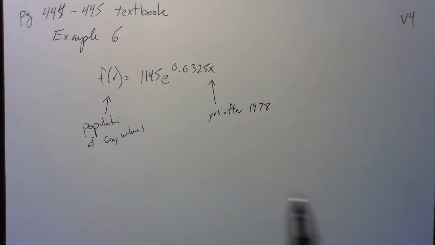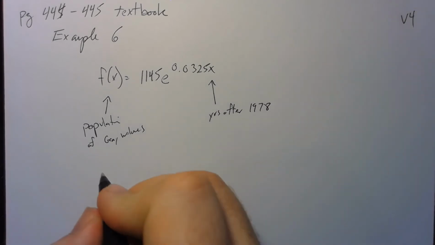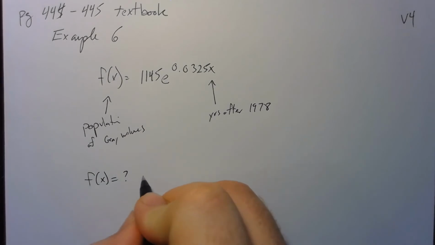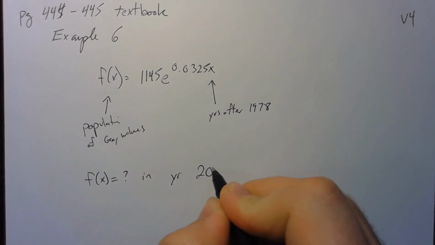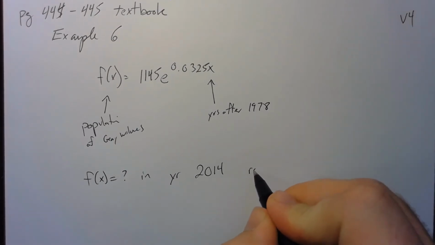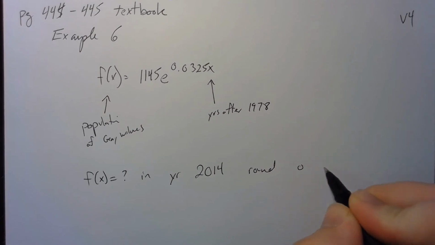According to the model, what was the gray wolf population of the Western Great Lakes in 2014? So I need the population, I need f of x equals question mark, in the year 2014. The additional piece is rounded to the nearest whole number, so I need to make sure that I round this to 0 decimals.